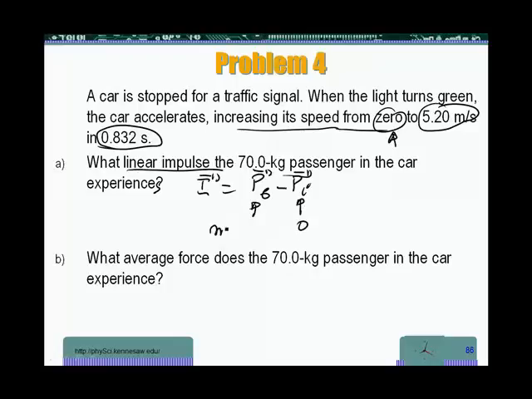It's going to be the mass of the passenger times his velocity. Now, what's his velocity? It's going to be the same as the velocity of the car, 5.2 meters per second. So that gives us 70 kilograms times 5.2 meters per second, minus 0, of course, for the initial momentum. So 70 times 5.2.